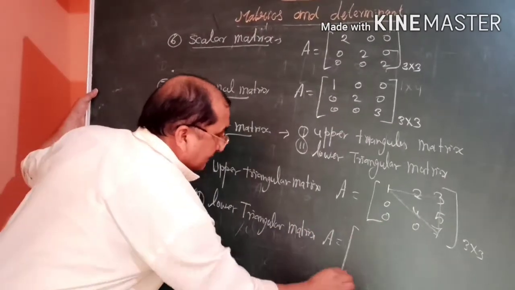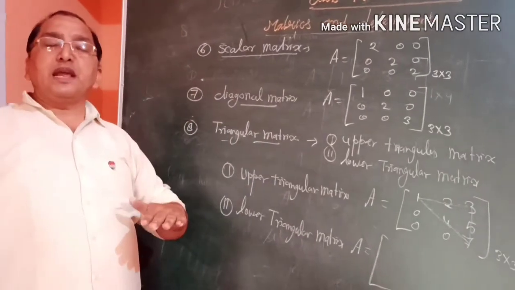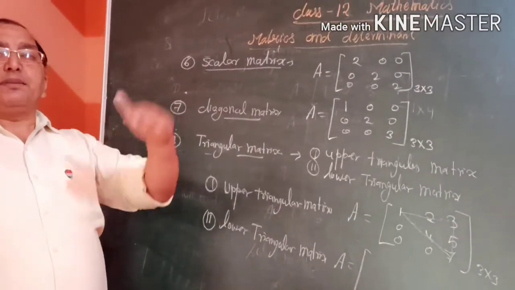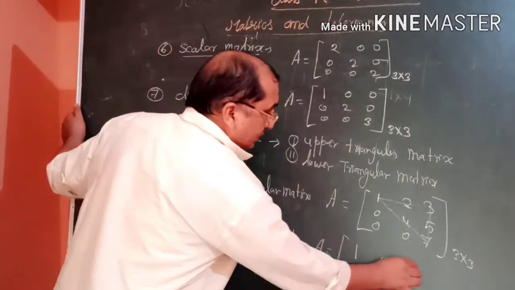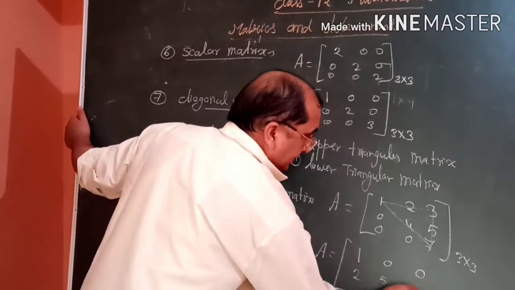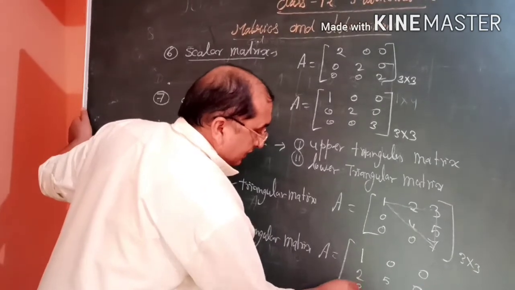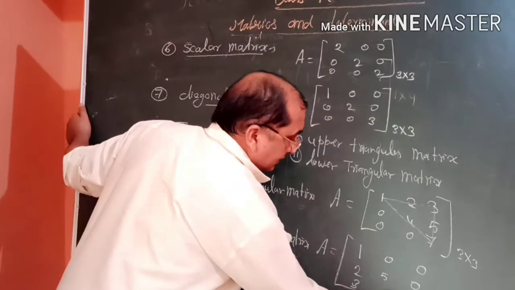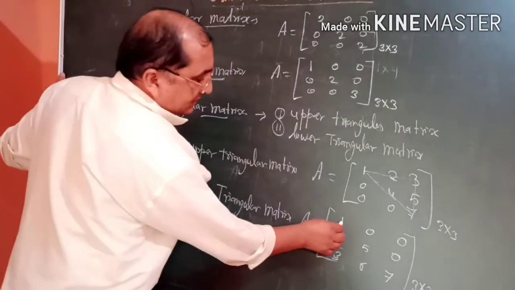A lower triangular matrix is a matrix in which the elements below the principal diagonal are non-zero and the elements above the principal diagonal are zero, like 1 0 0, 2 5 0, 3 6 7. This is also a square matrix.